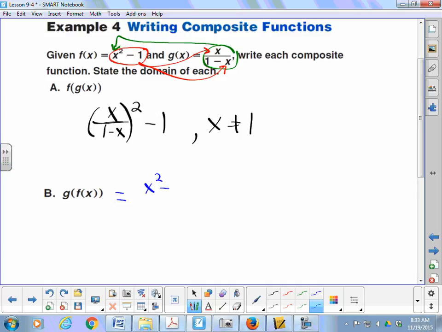So this would be x squared minus 1 in the numerator, and 1 minus the quantity x squared minus 1 in the denominator. And then we're going to simplify the fraction.